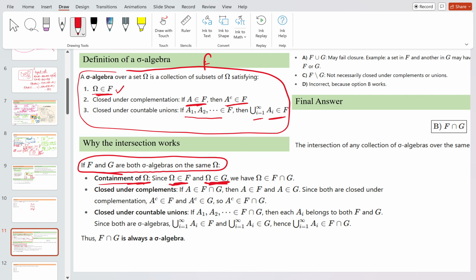Second point is closure under complement.